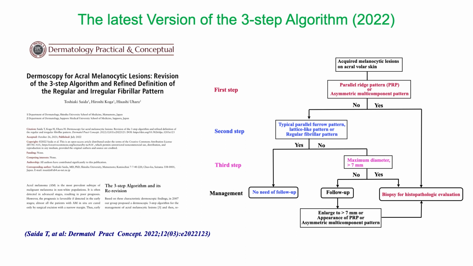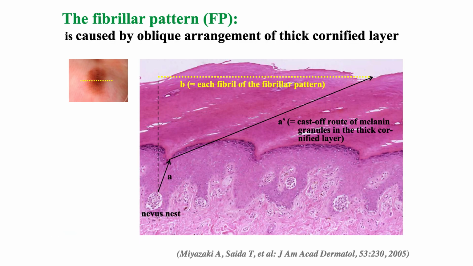If a lesion shows a non-typical pattern and is larger than 7 mm in maximum diameter, biopsy is recommended. If it is 7 mm or less, follow-up once or twice a year is recommended.